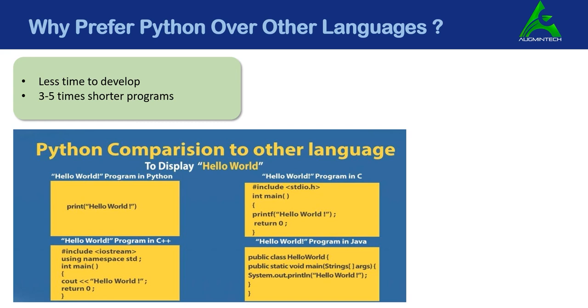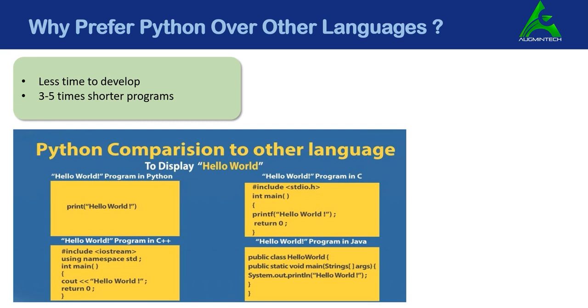If you try writing the equivalent code in C, C++, Java: in C you first have to include the standard input output header file, then the int main function, then the curly brackets, then printf, inside which you write hello world within quotations, then return 0, and then the closing bracket.